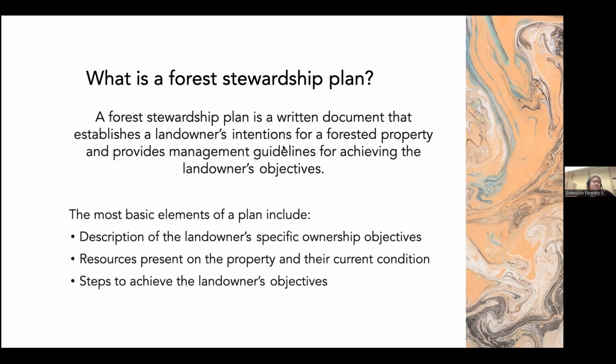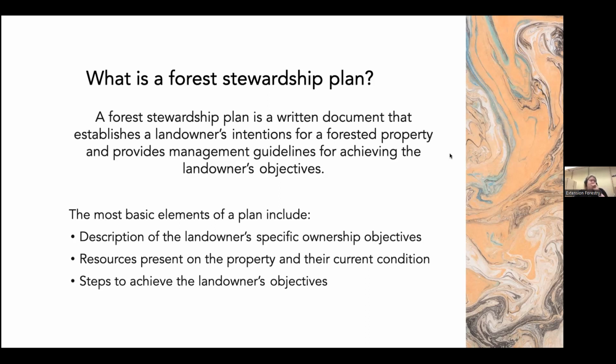So you want to have a description of what the landowner's objectives are for their property. This is really important. A forest stewardship plan really should include what you are trying to accomplish on your land. It's also going to include what some of the resources are on your land and what condition they are currently in.